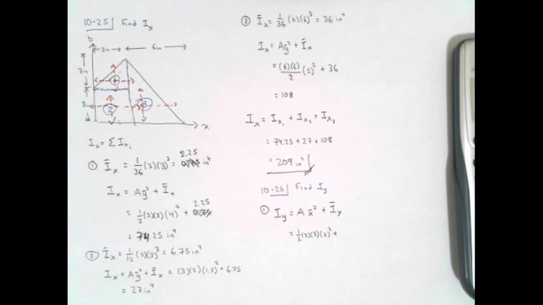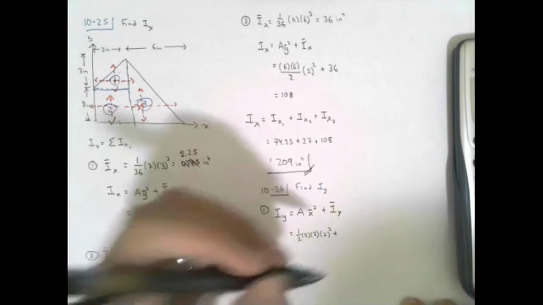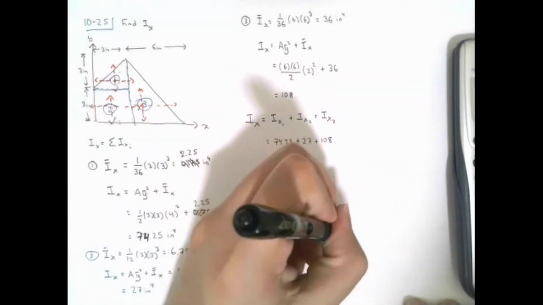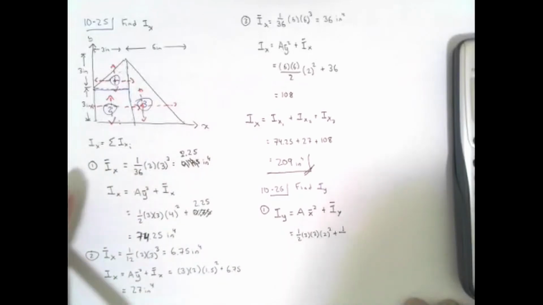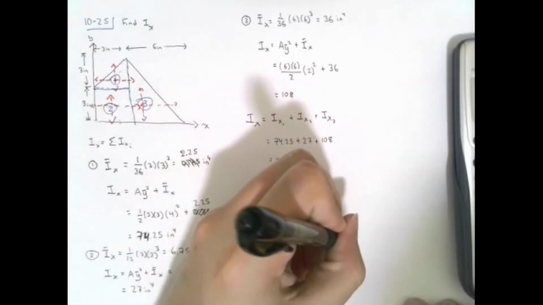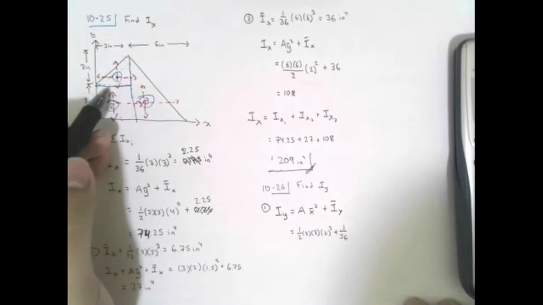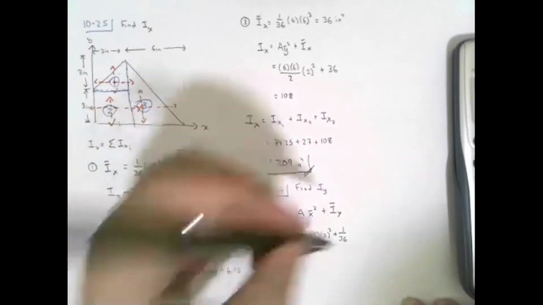One over 36 height times base to the third. That's correct, right? So my centroidal axis is oriented in the other direction. These two dimensions are switched. Now, for this triangle, it doesn't really matter because my base and my height are the same, but I just want to make sure that we understand that in this case, the centroidal moment of inertia is 1 over 36 base cubed times height, not base times height cubed.